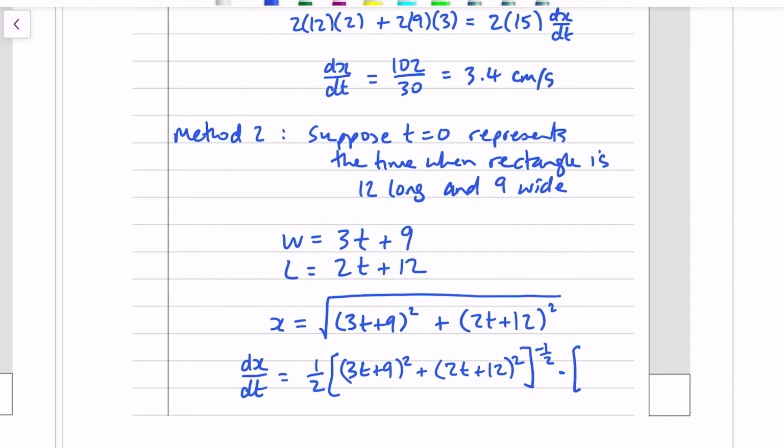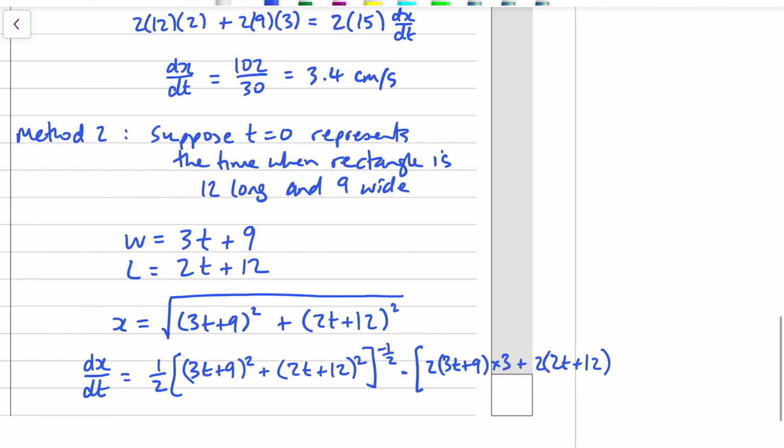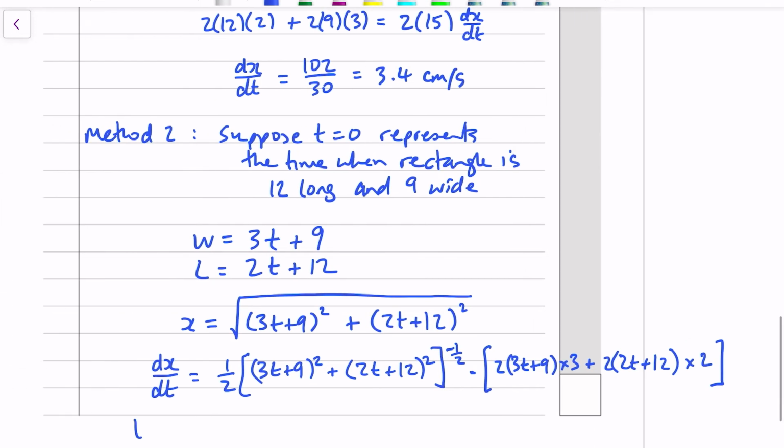I'm just going to use the chain rule for that. 2 lots of 3t plus 9 times 3 plus 2 lots of 2t plus 12 times 2. And now I'm subbing in t equals 0 into this to find dx/dt. And t equals 0 makes a whole heap of this stuff really disappear.